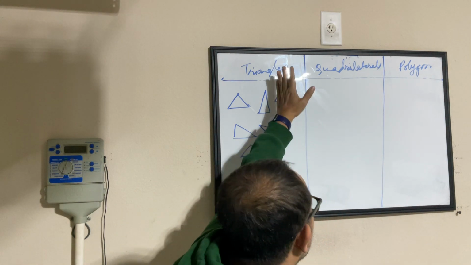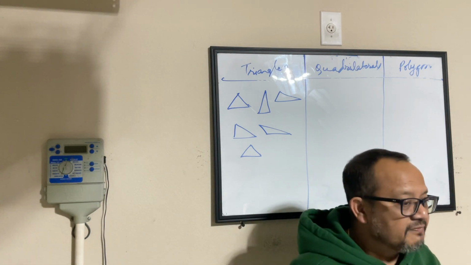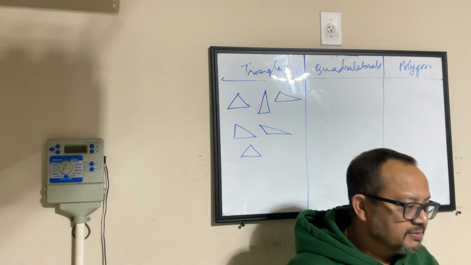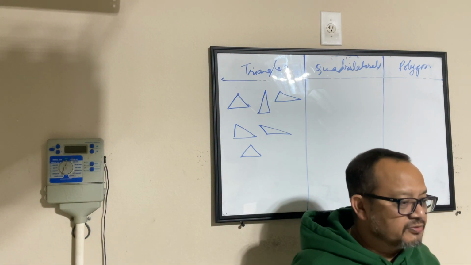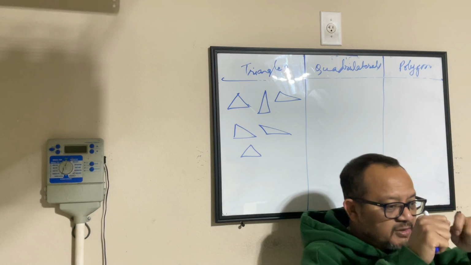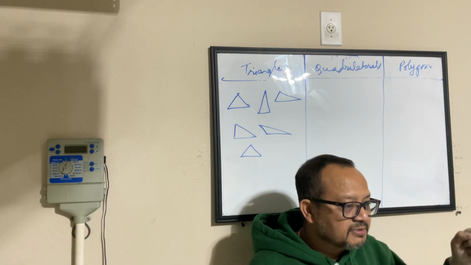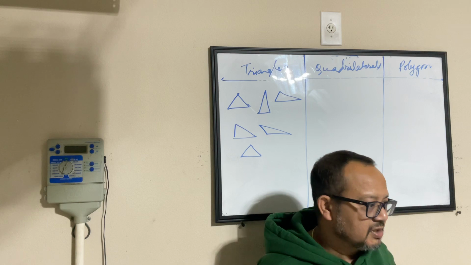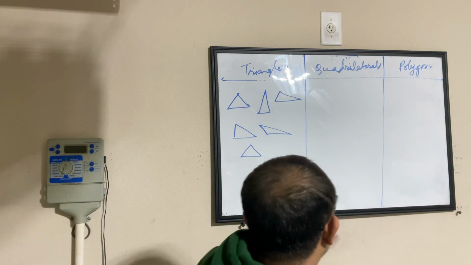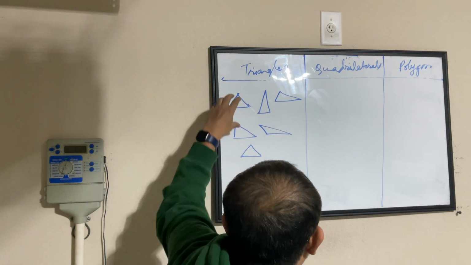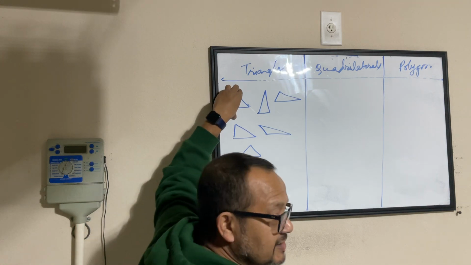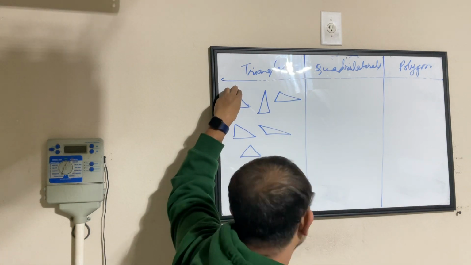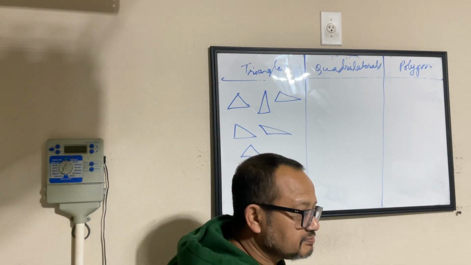So now, when we talk about triangles, we are not going to talk about perimeter as I said. Perimeter is nothing but the length of the boundary, and when you're talking about a triangle, you're essentially talking about 3 sides. You just add the length of the 3 sides, that is the perimeter. As long as you know the property of the triangle, if I'm talking about an equilateral triangle, I'm talking about 3 sides being the same.